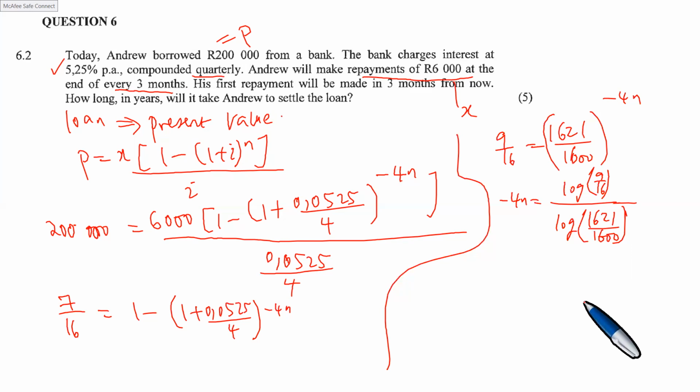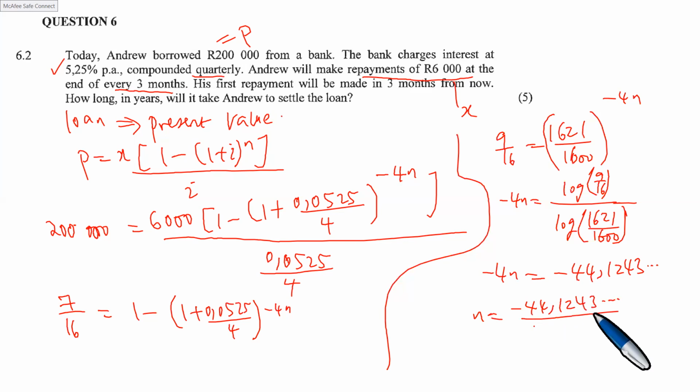Right, if you take this, it becomes minus 4n equals the log of this divided by the log of that. Use a calculator, it becomes minus 4.1243. You divide through by 4, which means it is minus 4.1243.